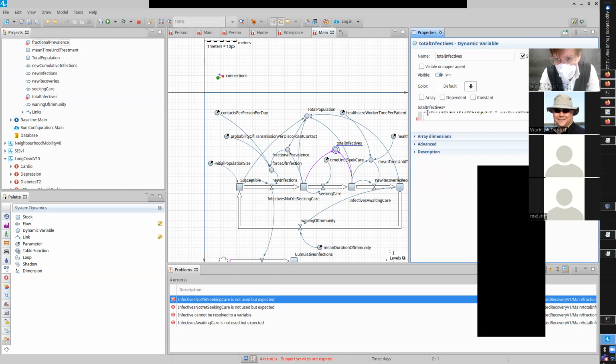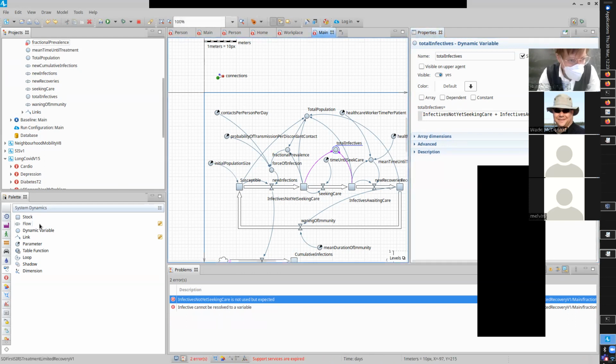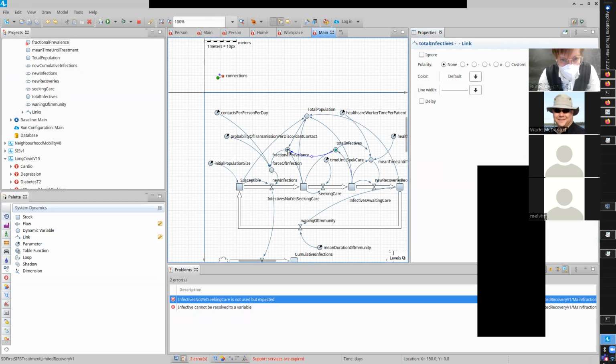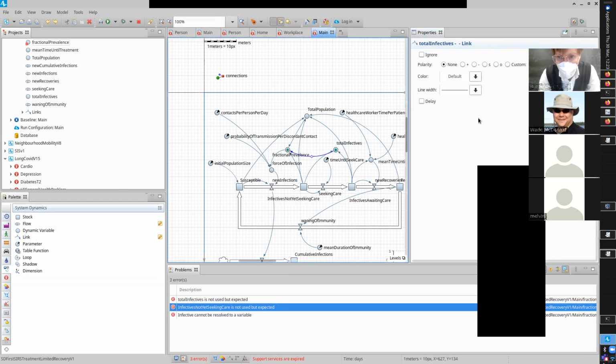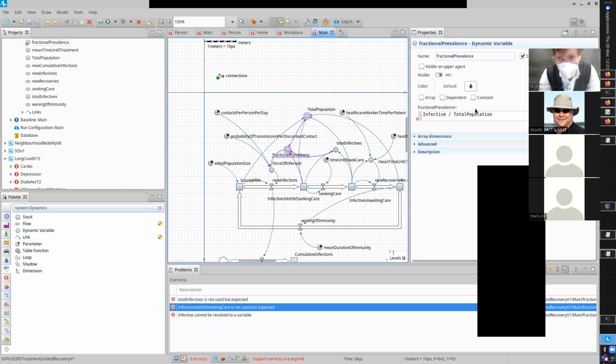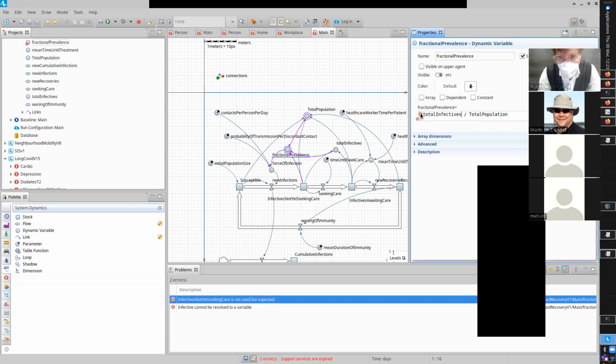Awaiting care, right? Okay. And then we have to use this total infectives in fractional prevalence instead of its old one, just referring to infectives, right? Okay. Total infectives. That's everyone.